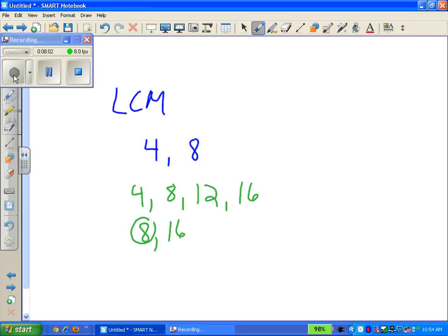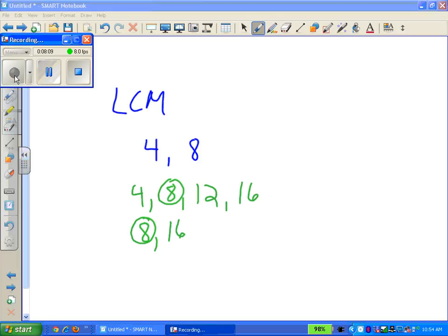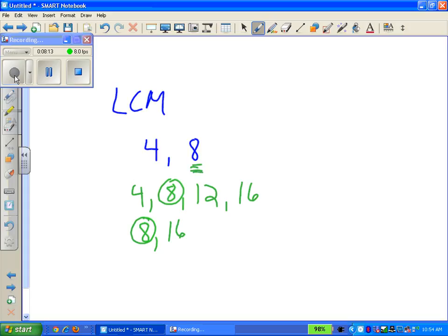But the LCM happens to be an 8. So what does this mean? If the greater number, which happens to be 8, is a multiple of the lesser number, which happens to be 4, then that would be true, the statement. So here's the 8, and it is a multiple of the lesser number 4.